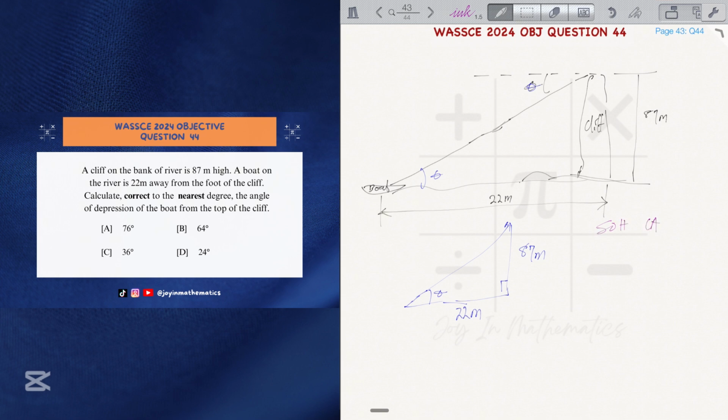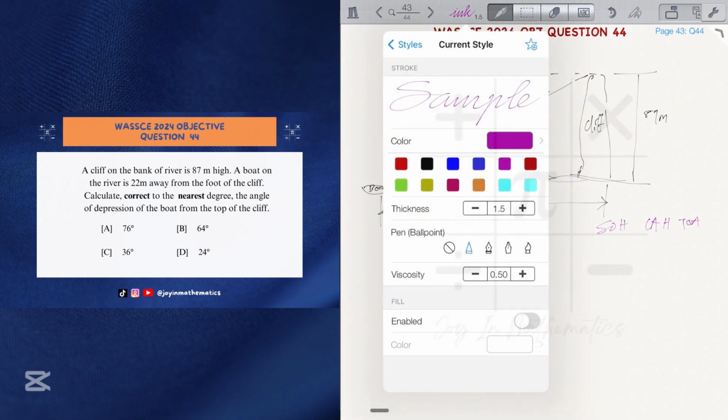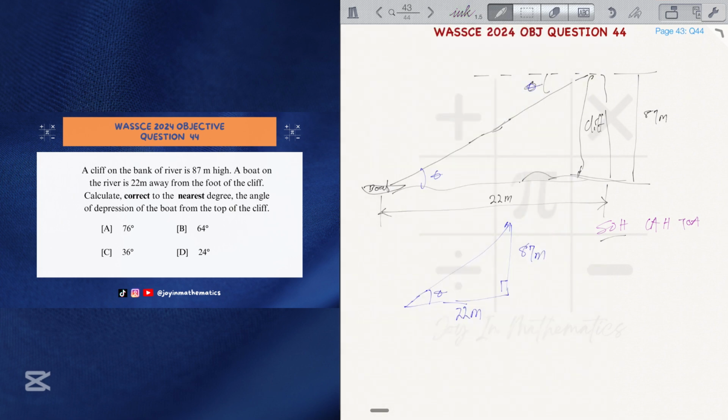We have used it quite a number of times in this series, where sine is opposite over hypotenuse, cos is adjacent over hypotenuse, and tan is opposite over adjacent. So looking at theta now, 87 is the opposite and 22 meters is the adjacent. So we are looking for opposite and adjacent, which is equivalent to tan.